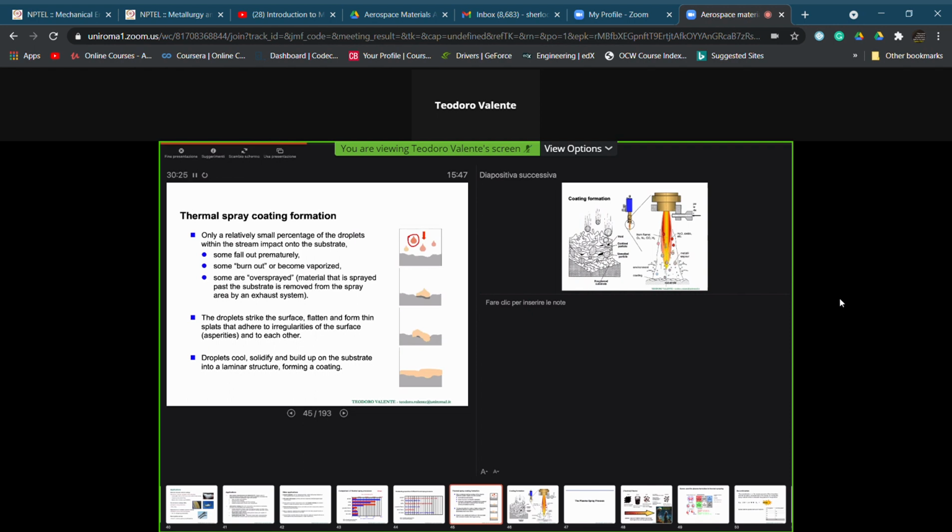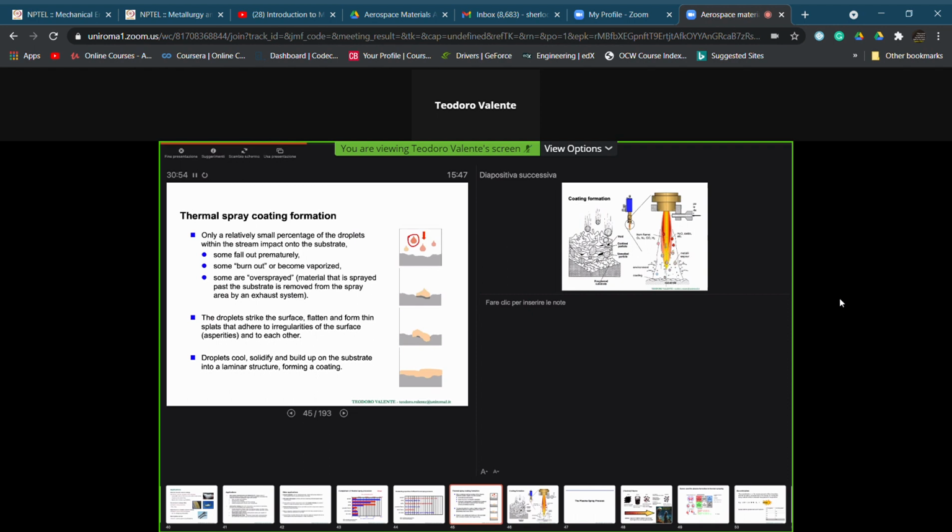We have this both in HVOF and in plasma. They are different, but they are still high velocity, higher than 300 meters per second. And so this means that the so-called dwell time, that is the time for which the single particle sees the high temperature of the plume, is not 1 day, is not 1 hour, is not 10 minutes, but again fractions of seconds.